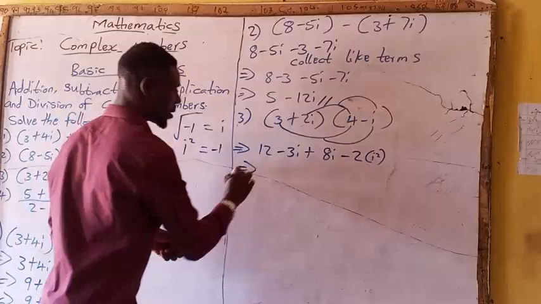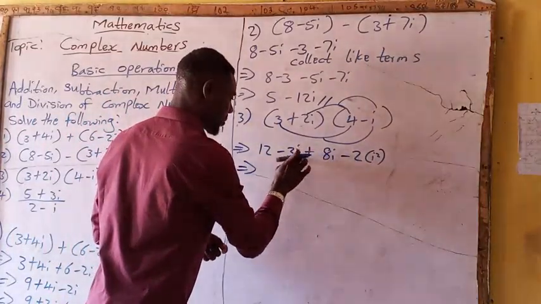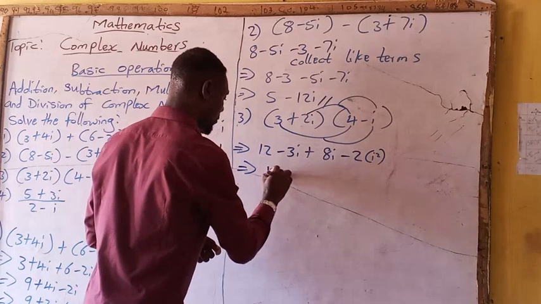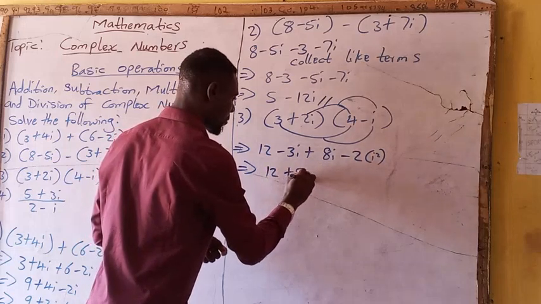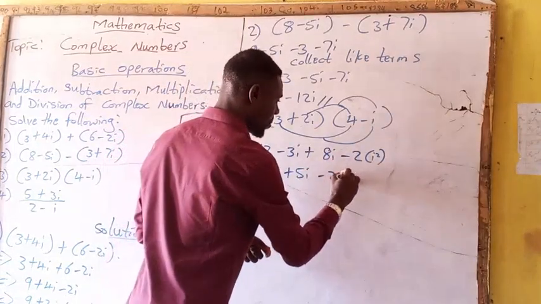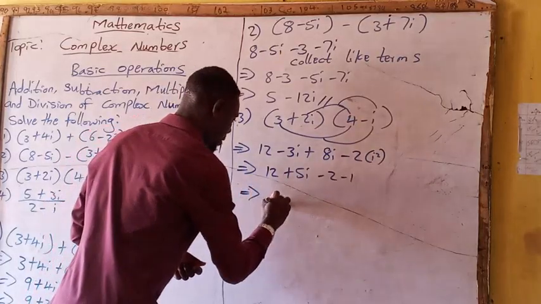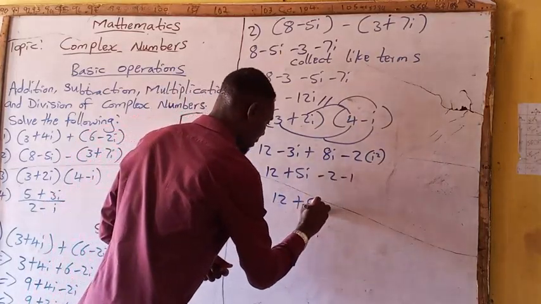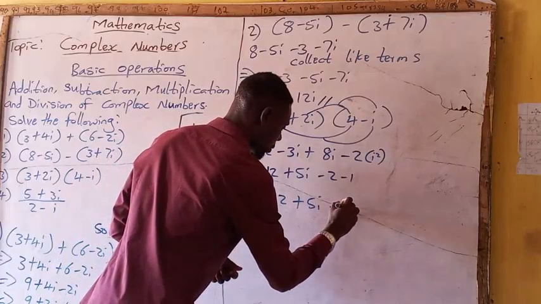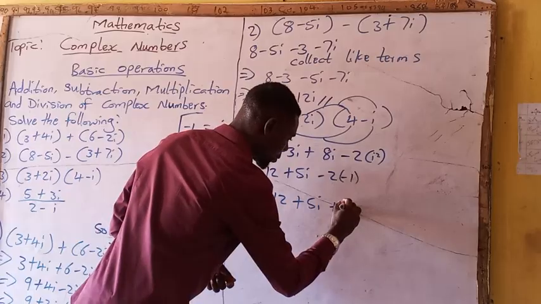So this implies, after collecting like terms, take away 3i from 8i. You have 12 + 5i. Now this will give us -2i² which is -2(-1), so 12 + 5i + 2.